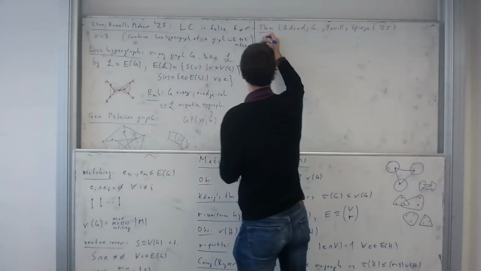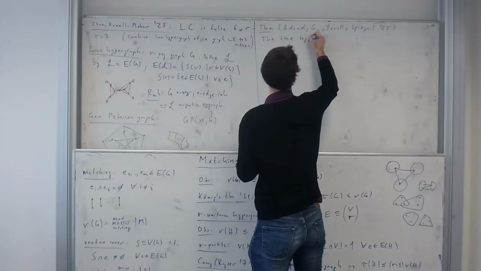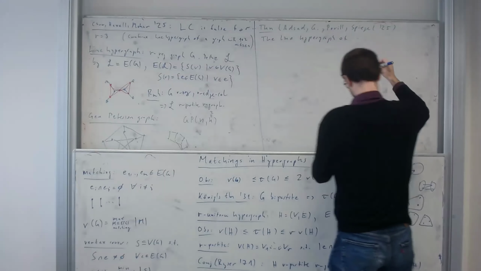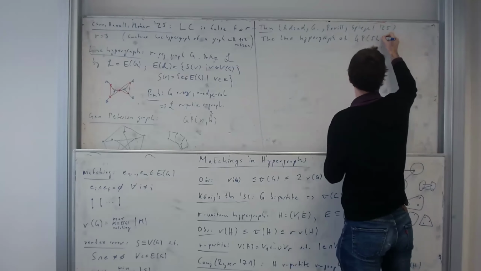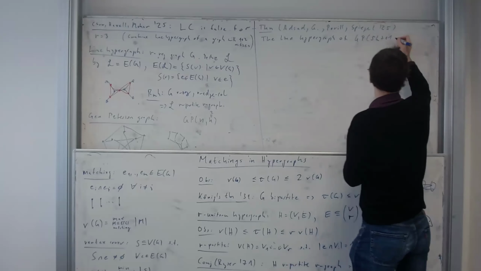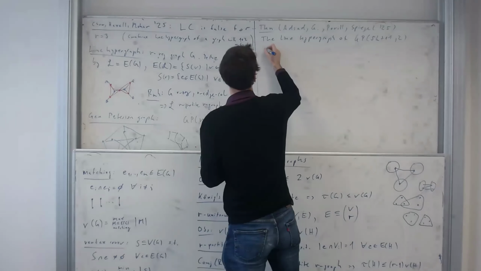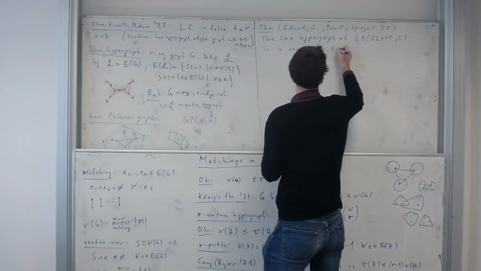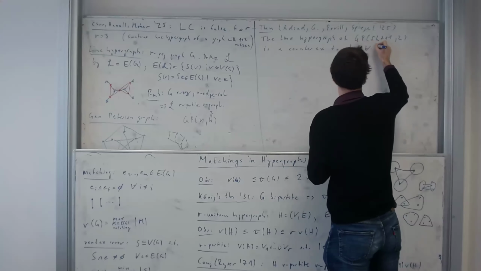So the line hypergraph of GP(5k+11, 2) is a counterexample to the Lovász conjecture for all k.